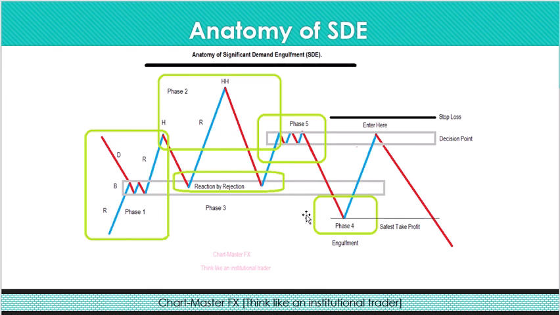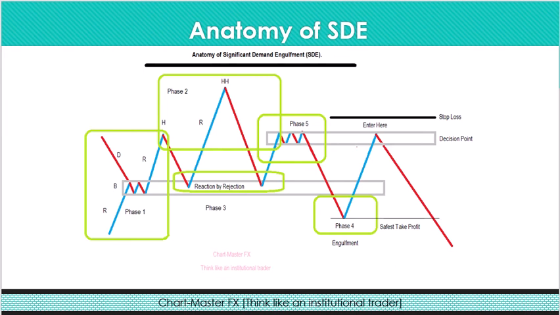So you have to know, guys, that you need to identify the decision point here above the SDE and below this higher high. So guys, that's the anatomy of the SDE.